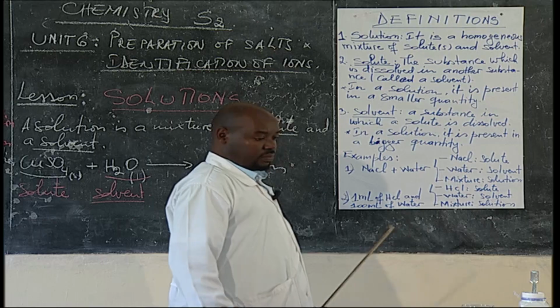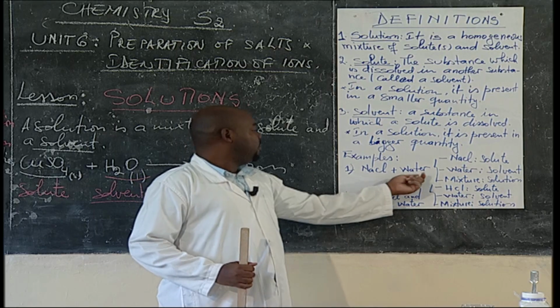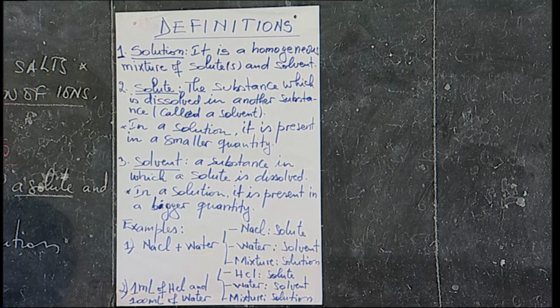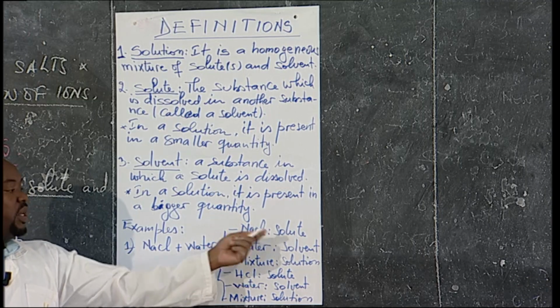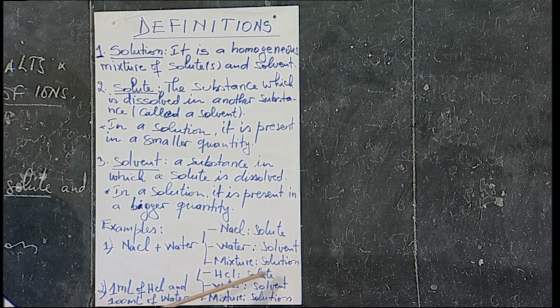The examples: if you take some table salt and dissolve that in water, the table salt will be the solute and water will be the solvent, while the mixture will be the solution. If you take 1 milliliter of hydrochloric acid and dissolve it in 100 milliliters of water, HCl, hydrochloric acid, which is present in a smaller amount, will be the solute, while water will be the solvent, and the whole mixture will be the solution.